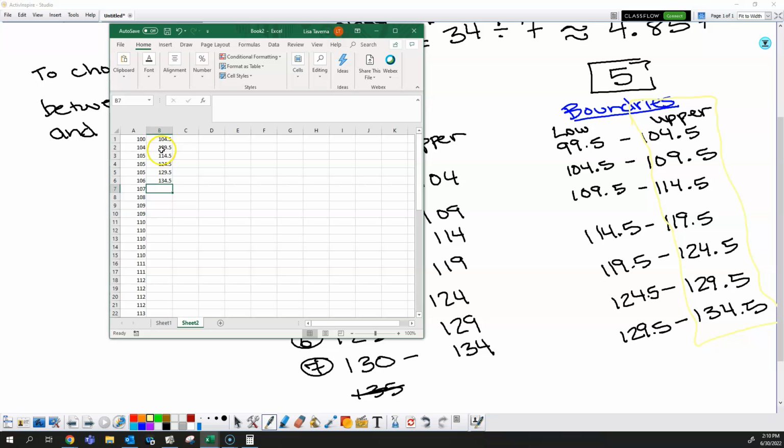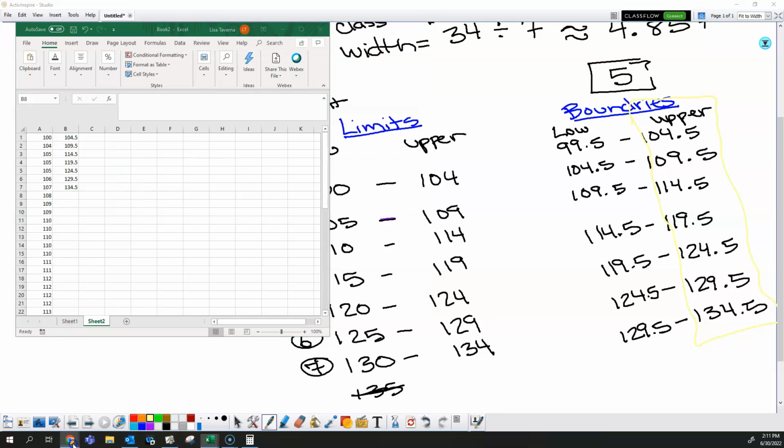Double count 1, 2, 3, 4, 5, 6. See, because I missed one. This is 119. We've got them now.